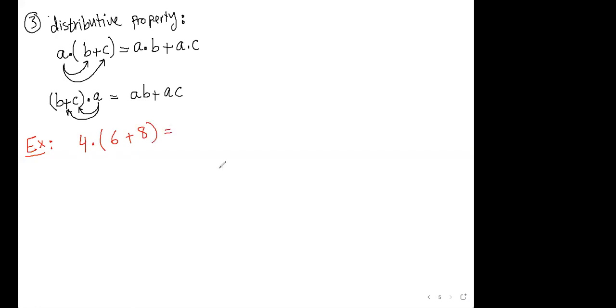Okay. So the distributive property here says 4 times 6 plus 4 times 8. What's the answer? 4 times 6 is 24, plus 4 times 8. What is 4 times 8? 32. And what is the answer? 56.